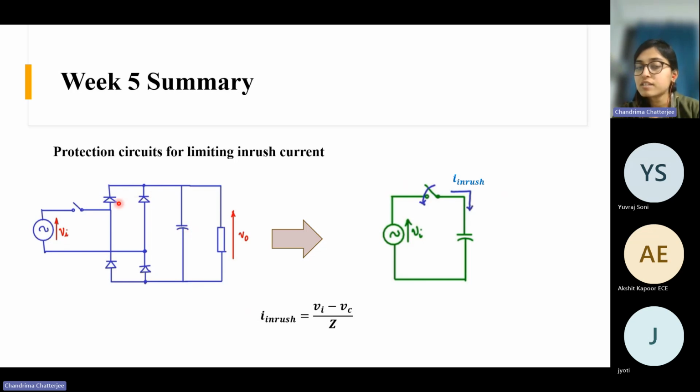If the current exceeds the diode ratings, the diode will get damaged, and before even reaching steady state, your circuit will be bad. So it is very important to limit this inrush current. There are some protection circuits that we need to employ so that this current can be limited to a safe value, which these devices can withstand.